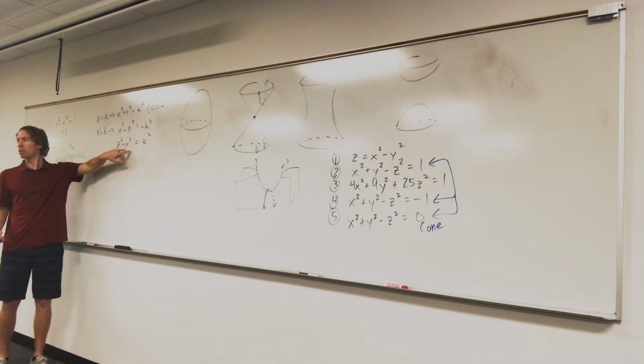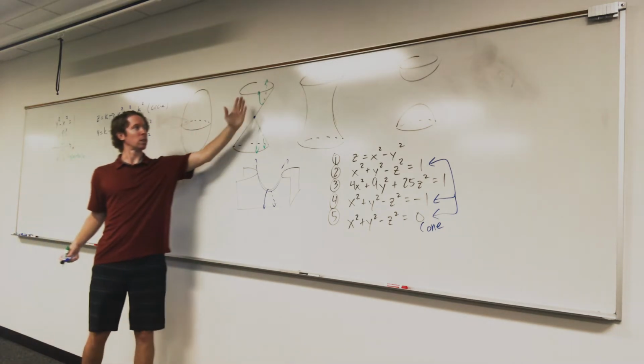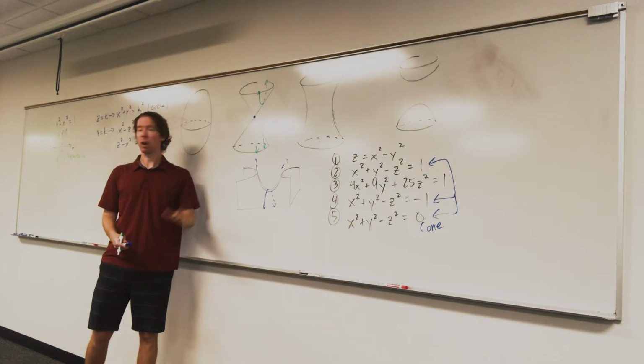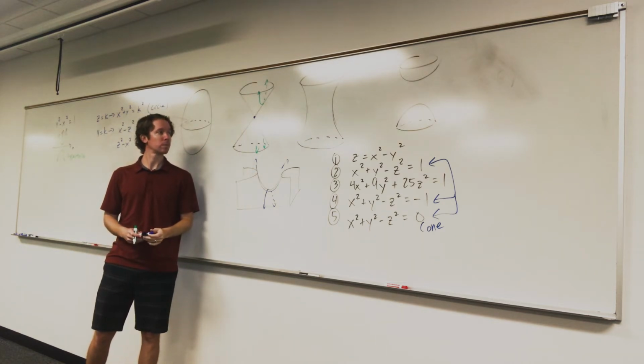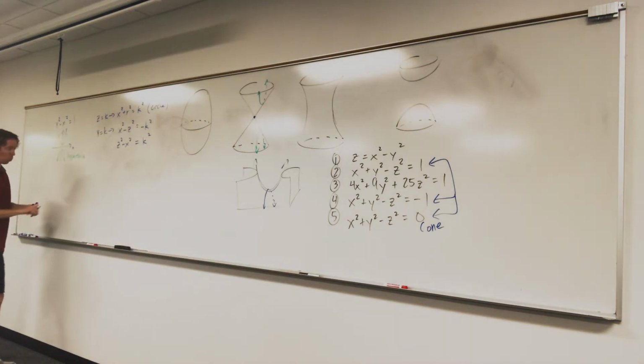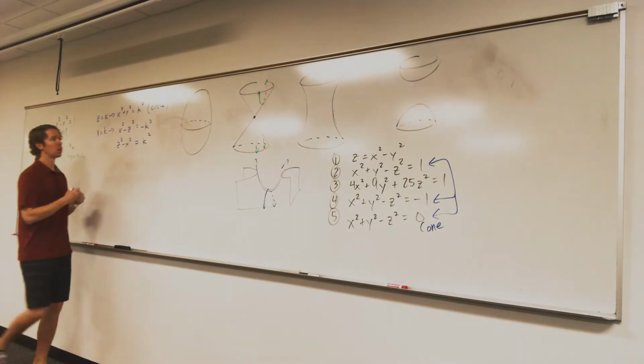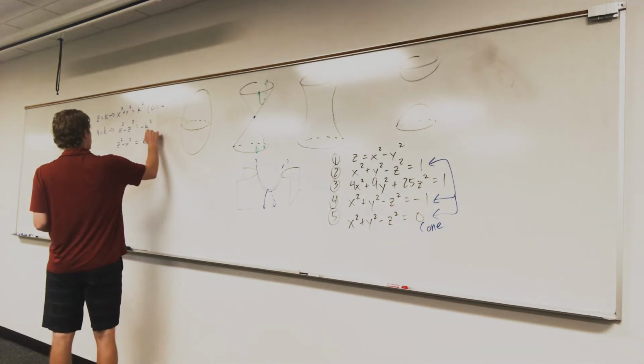And what's happening here when you cut the cone with y equals k is you're getting this hyperbola, or hyperbolas like these. What happens when you cut with x equals k? Good. You just get another hyperbola.